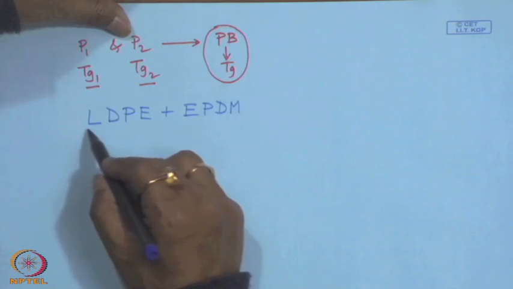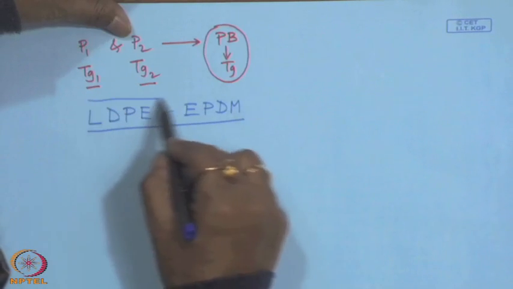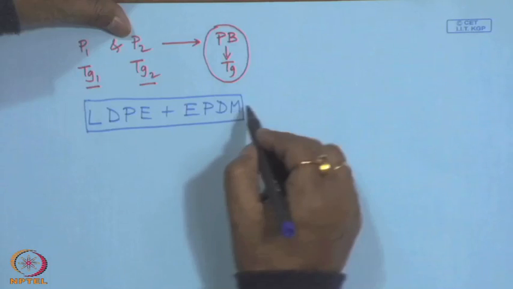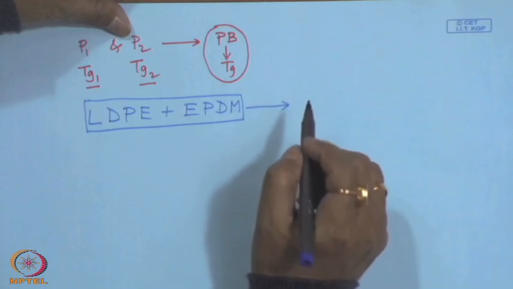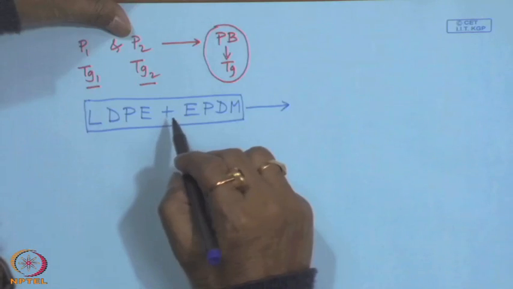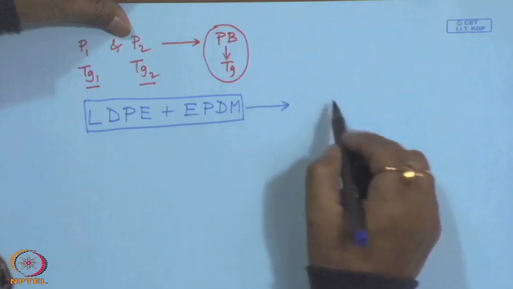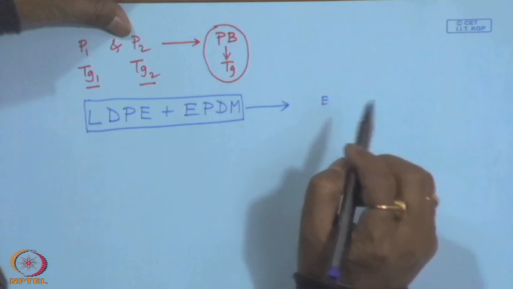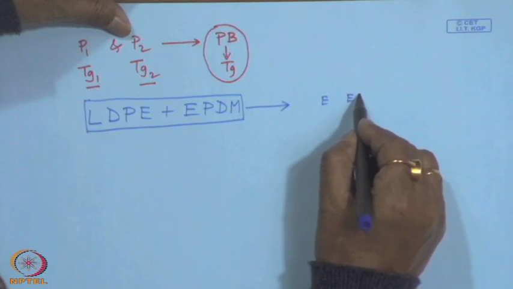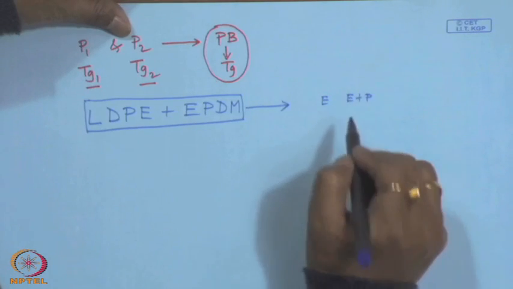Now, this can be a good pair of component polymers for making a successful blend. LDPE contains ethylene units, and EPDM contains ethylene units and propylene units.